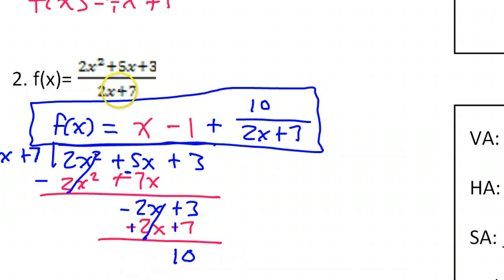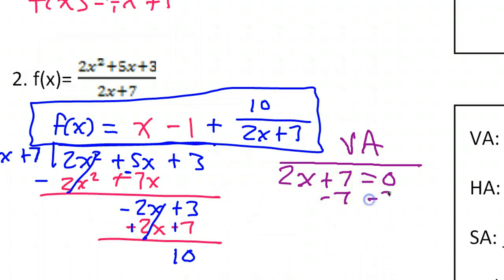Now, it doesn't matter whether you get it from here or here, but this form of the function also helps us find the vertical asymptote. Because we will have a vertical asymptote if we set this 2x plus 7 equal to 0. So let's do that. I'm finding the vertical asymptote now.